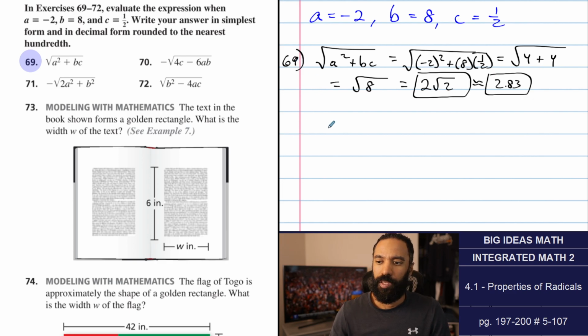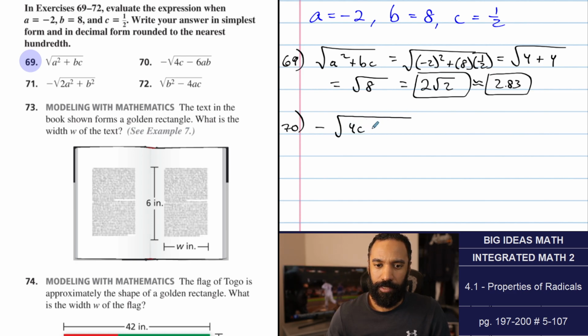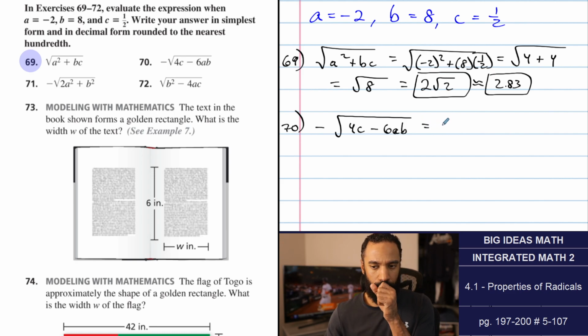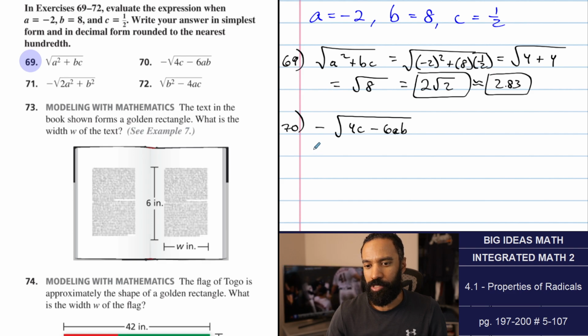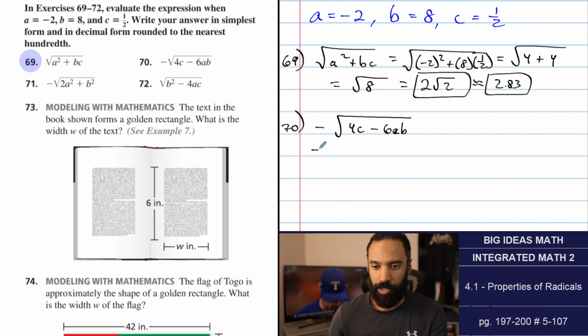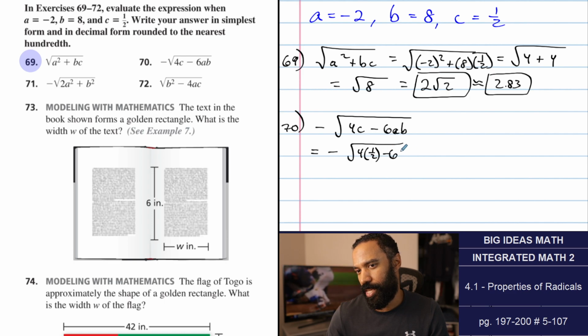Okay. 70. Negative square root of 4c minus 6ab. Here's what I'll do. I'm going to put it underneath. Not for all of them, just my first step when I substitute. Negative square root of 4 times 1/2, that's c, minus 6 times negative 2 times 8.